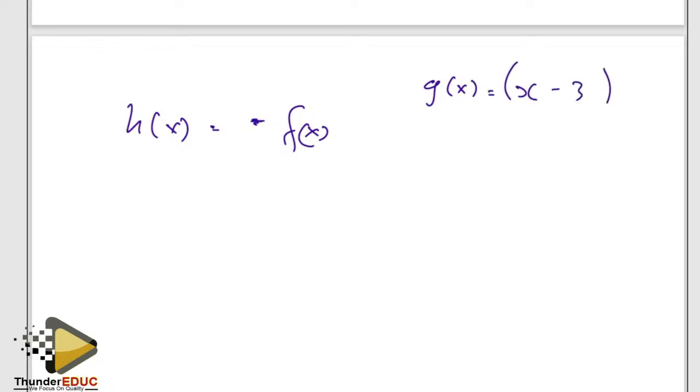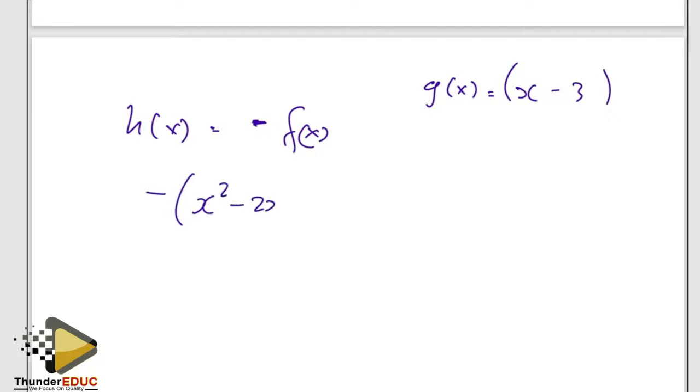Now, for us to ever get a distance between two graphs, we have to subtract those two graphs. Okay, so I'll get negative into x squared minus 2x minus 3. So for me to get the distance, remember what we said. It will be the h of x minus the g of x.